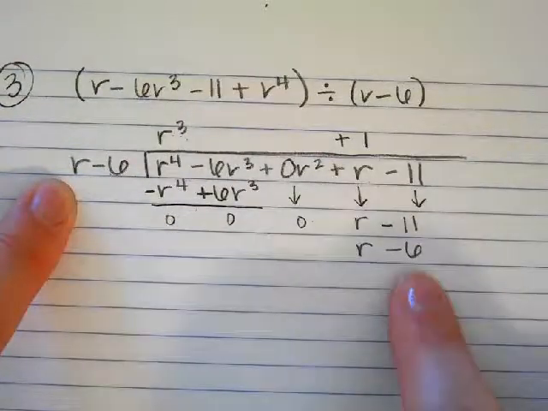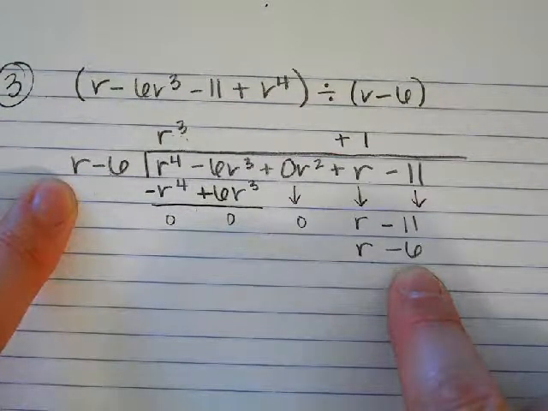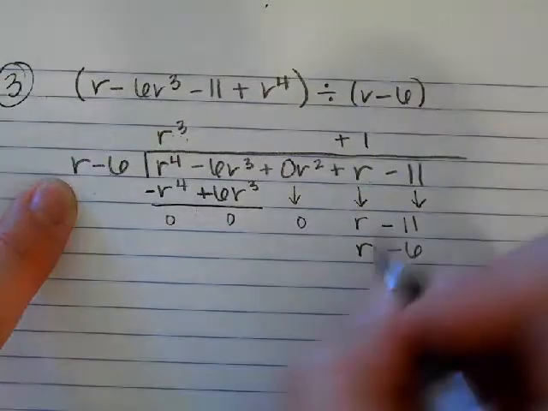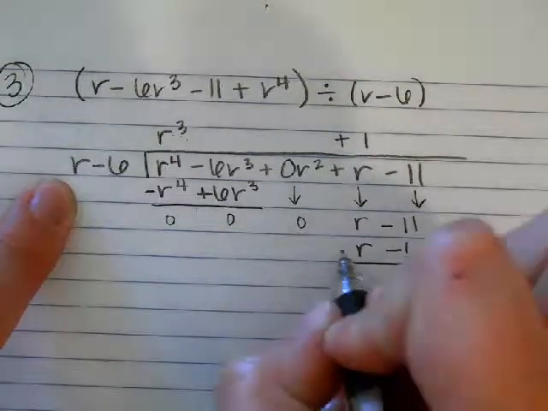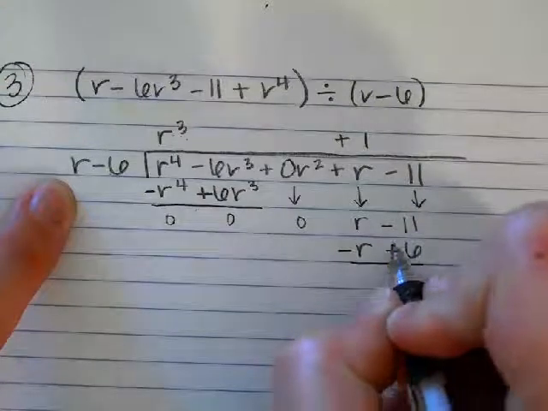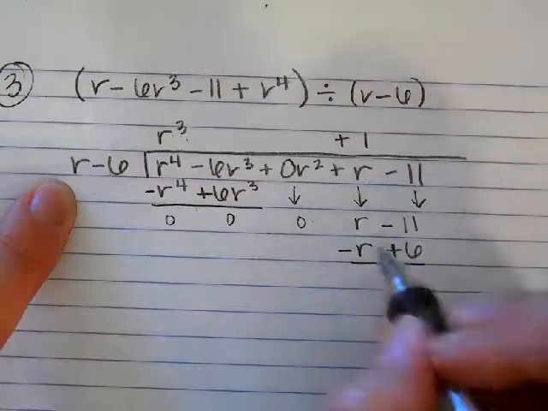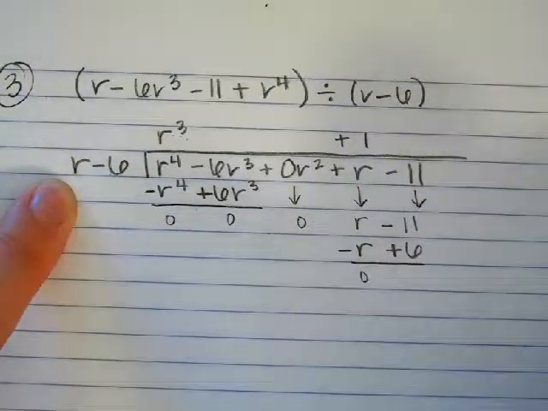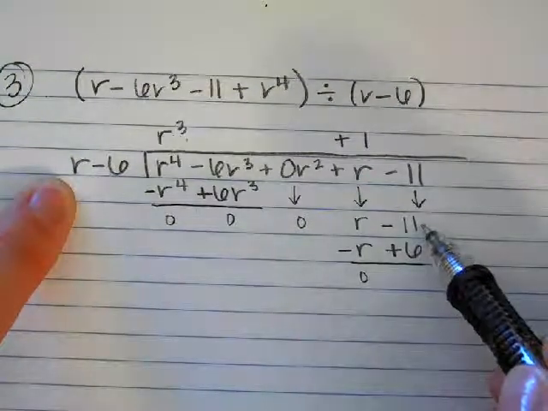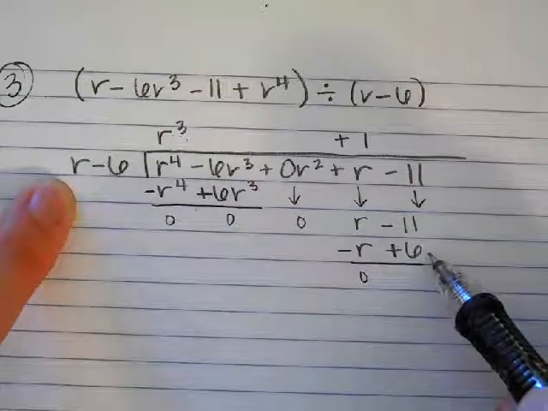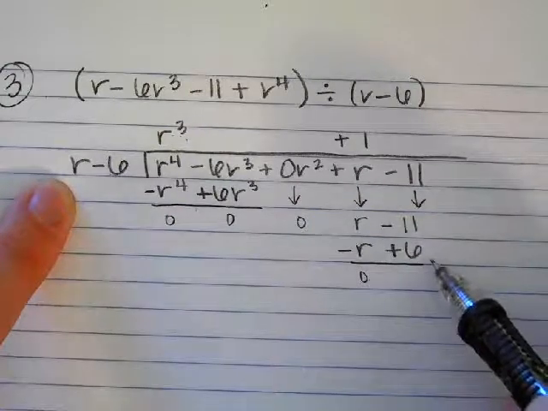And then once I've lined them up, what do I do? So I'm drawing a line, I'm changing the signs because I'm subtracting, and that's what subtracting does. It changes the signs. Okay, so r minus r is 0, and negative 11 minus negative 6, or negative 11 plus 6, gives you what?